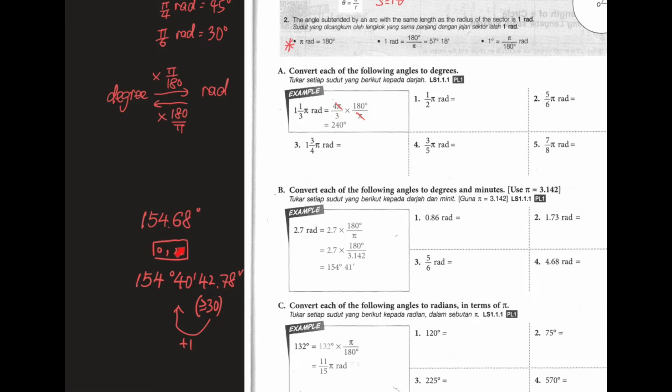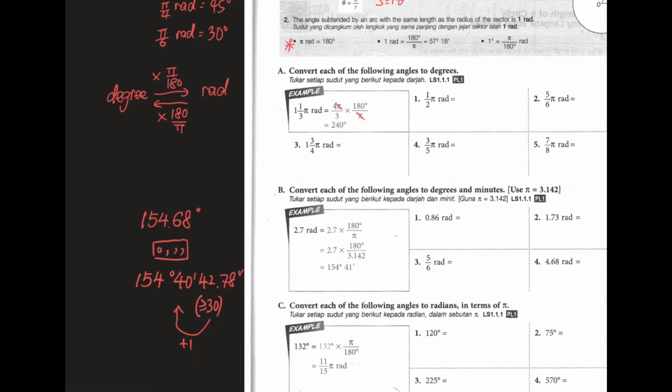Have you used this button before? No. Okay, so that means you can either put your answer in this way if the question never said degrees and minutes. But if they put the question in this way, then you have to press this button and change it to degrees and minutes.